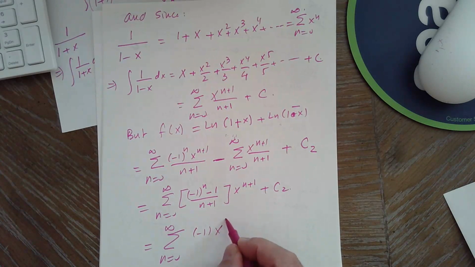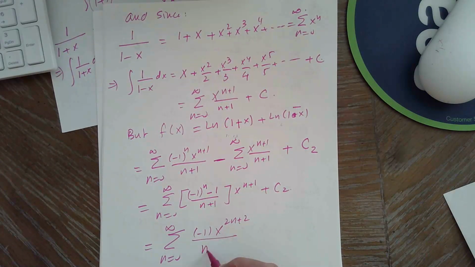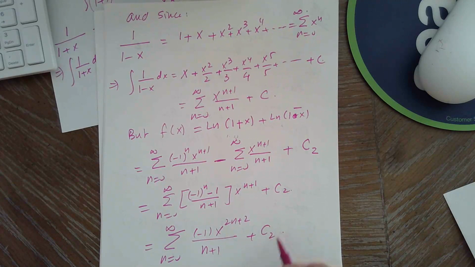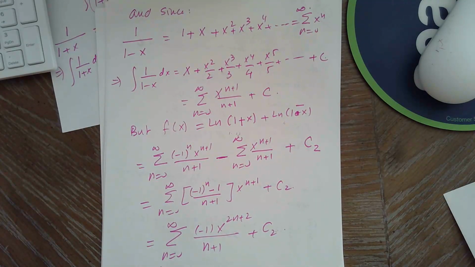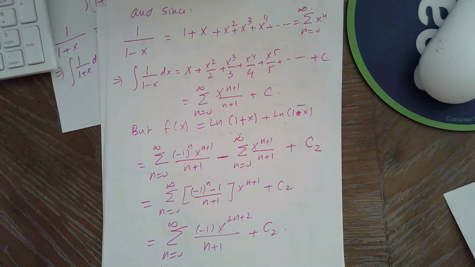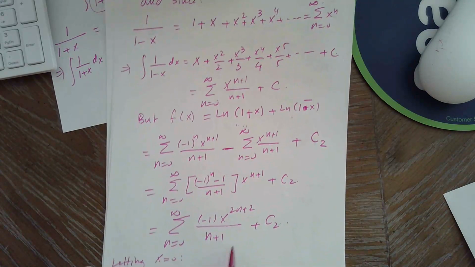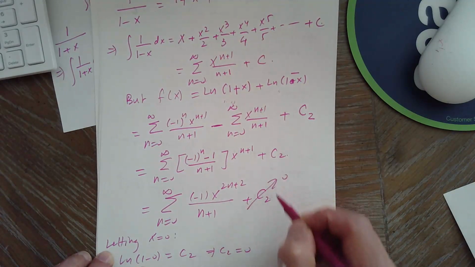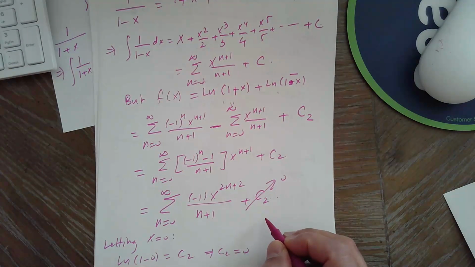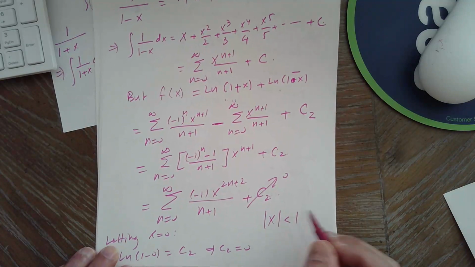So negative 1 times x to the 2n plus 2 over n plus 1, plus c2. To find the constant, we always let x equal 0. So ln of 1 minus 0 equals c2, that means c2 equals 0, so we don't really need c2. And absolute value of x is less than 1 from both cases.